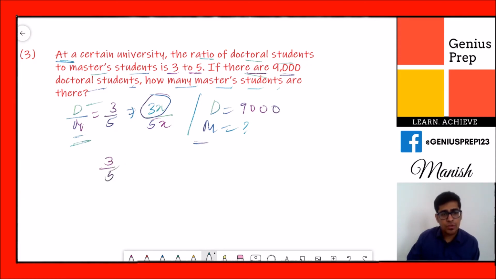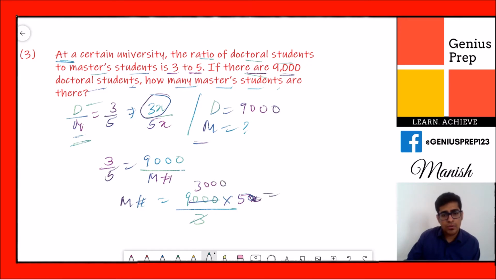We can say 3 is to 5 is equal to 9,000 is to the number of master students. We do the cross multiplication, and the total number of master students is 9,000 multiplied by 5, divided by 3. Cut this out: 3,000 times 5, so the total number of master students is 15,000.